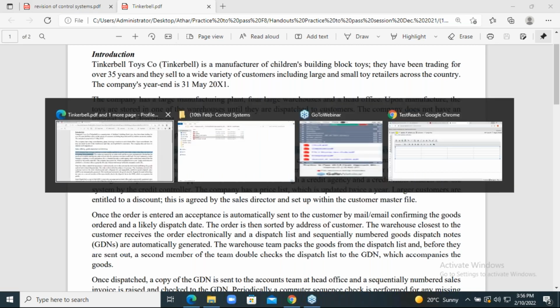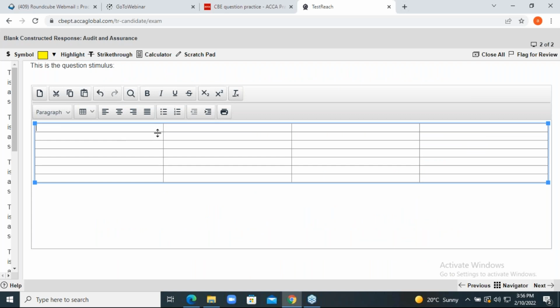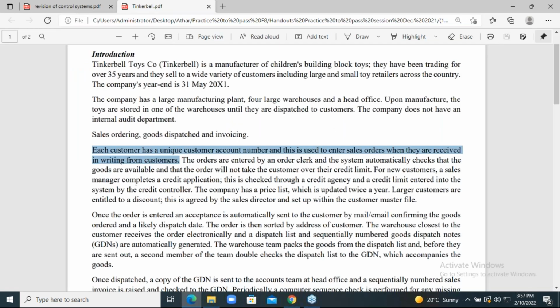Let's have an example. Now this is our objective column where we are going to write the objective, and in the next column we are going to write the test of control. Now what is the objective of this control system?